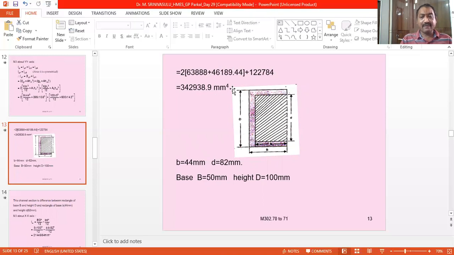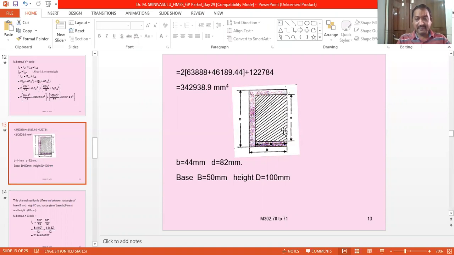This is the value of the moment of inertia of the given C section about the y axis. Now coming to Ixx. How to find Ixx for this? This is the given C section, and now we are completing the right edge by drawing a vertical imaginary line.